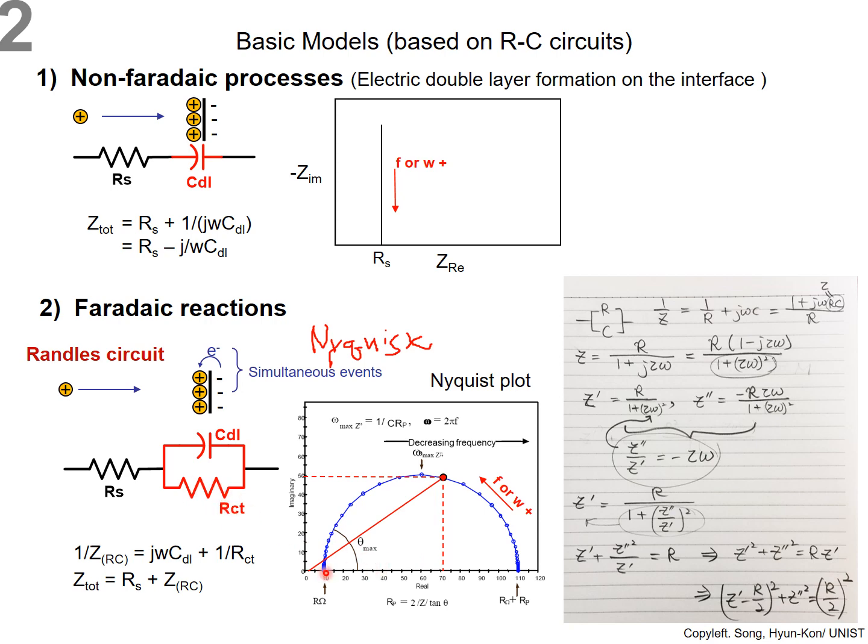Therefore, the charge transfer resistance is the diameter of the semicircle. So you could easily estimate the value of charge transfer resistance from this Nyquist plot. Let me explain this Randles circuit in a more detailed way in the following slide.